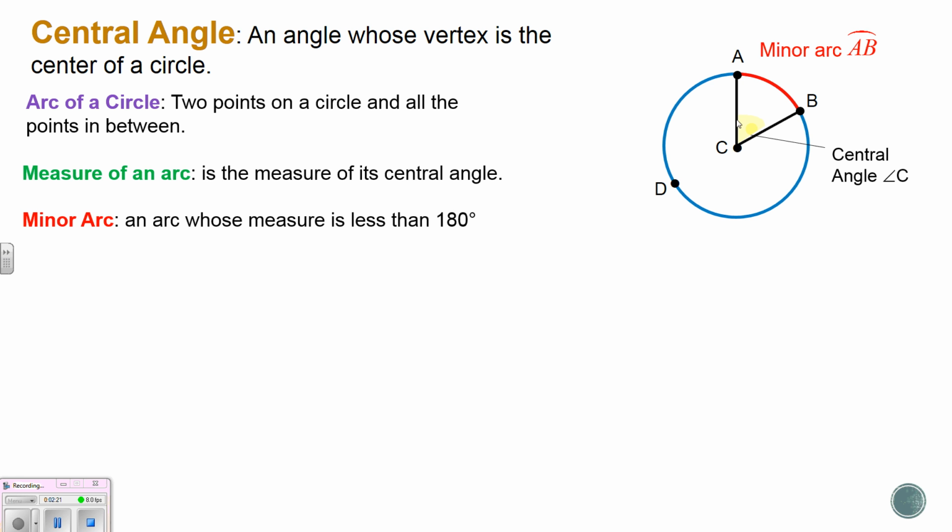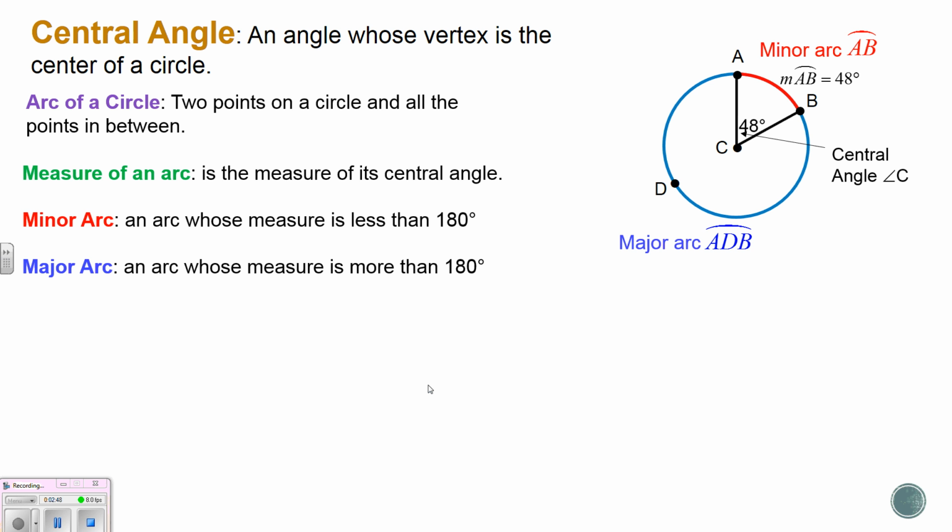If you look at this angle right here that's created, it is less than 180 degrees. So that means that this arc is a minor arc. So what if I told you that this angle has a measure of 48 degrees? Well, then that means that this arc, AB, the minor arc, has a measure of 48 degrees.